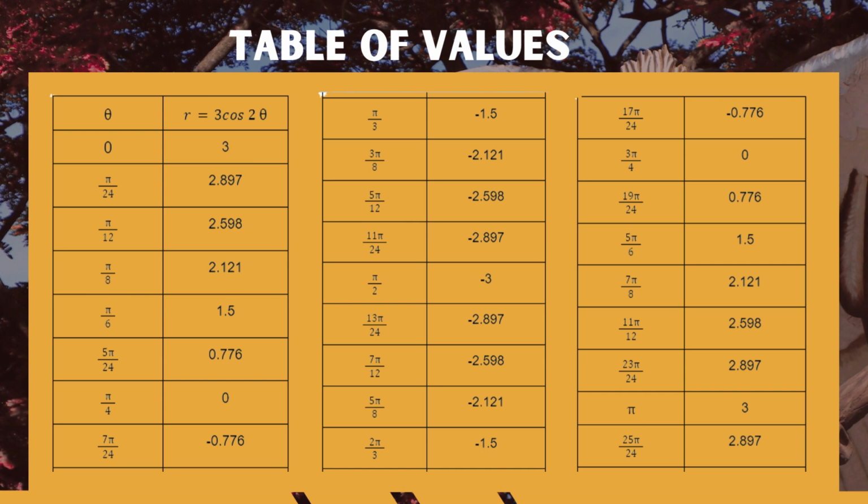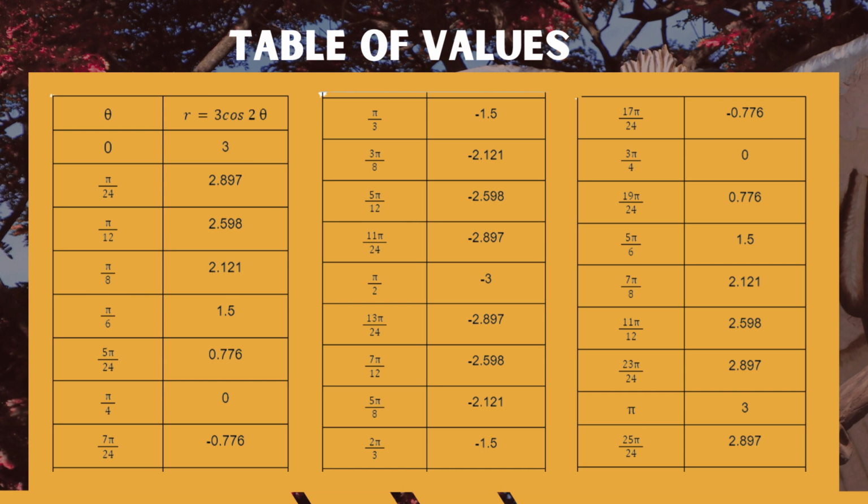7 pi over 24, we get negative 0.776. If pi over 3, we get negative 1.5. If 3 pi over 8, we get negative 2.121. If 5 pi over 12, we get negative 2.598. If 11 pi over 24, we get negative 2.897. If pi over 2, we get negative 3.